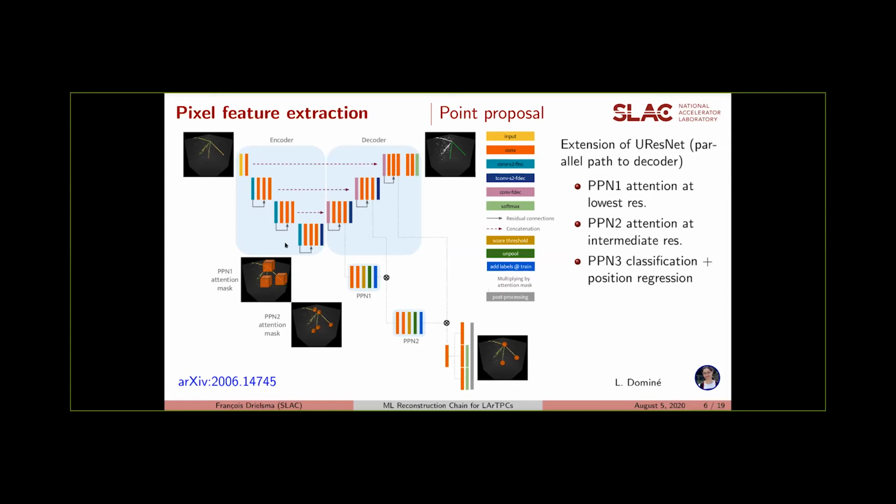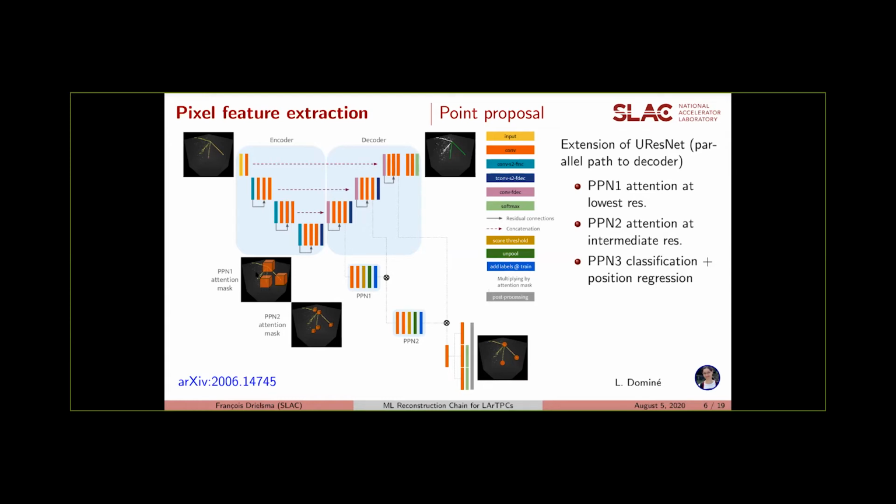What these do is that they actually make proposals about where the points should be in the image. You start with the lowest resolution image, and you try to predict the mask of where interesting points are in this lowest resolution image. If you map these predictions at the lowest resolution back to the original resolution, this corresponds to a region proposal, which is what you can see here represented in this image.